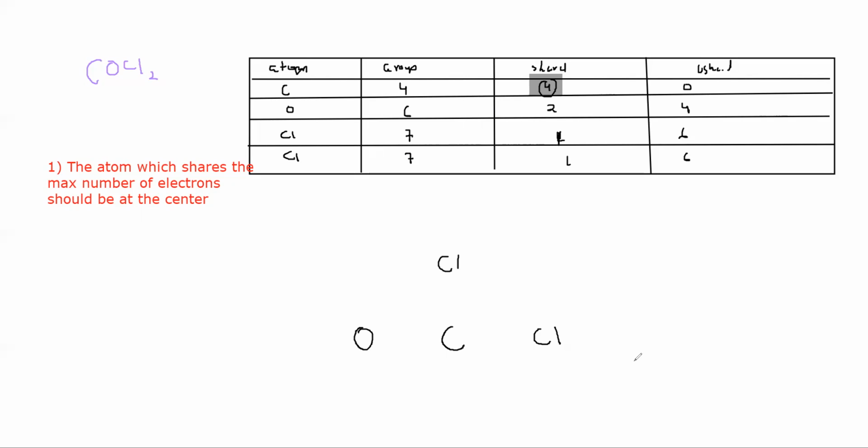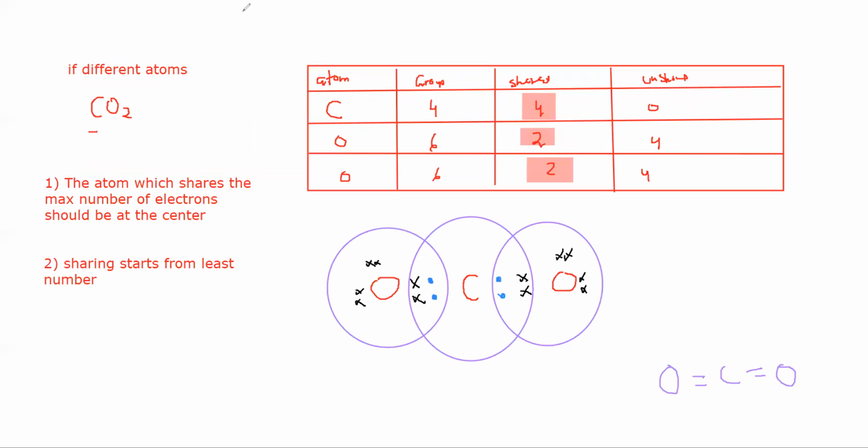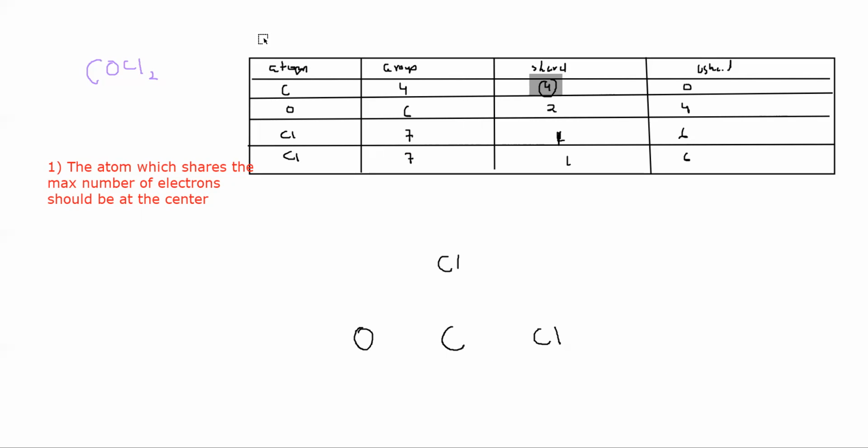So the carbon is the central atom and the remaining are surrounding the carbon. Next, we will start sharing with the least number, which is the atom sharing the least number.